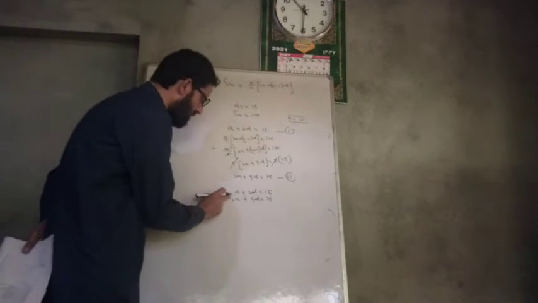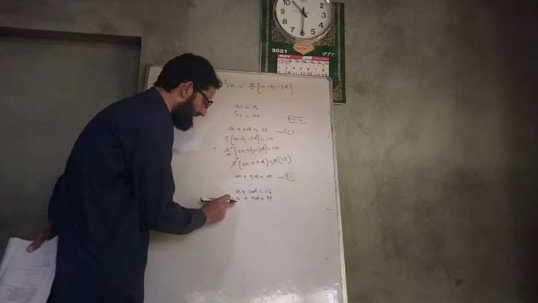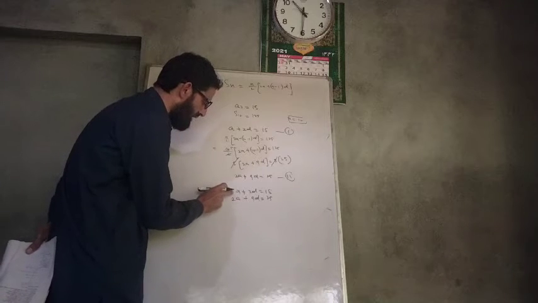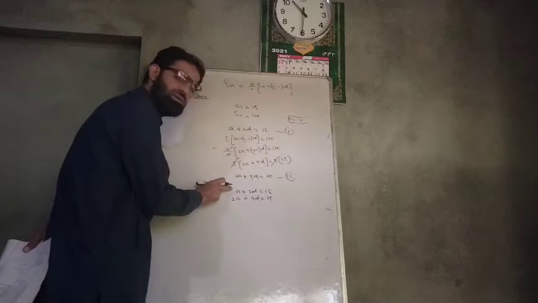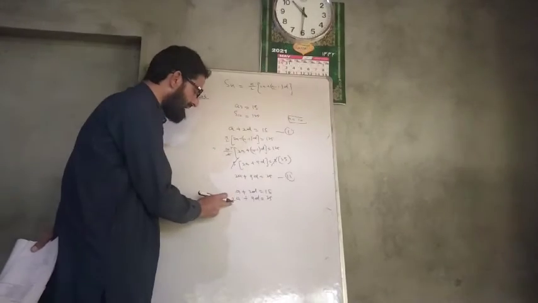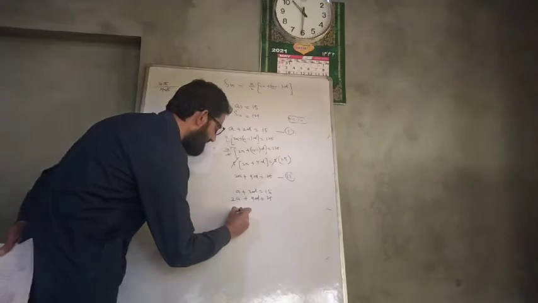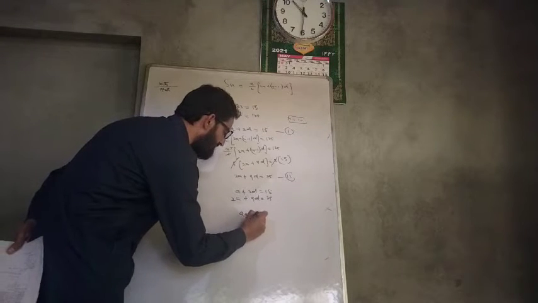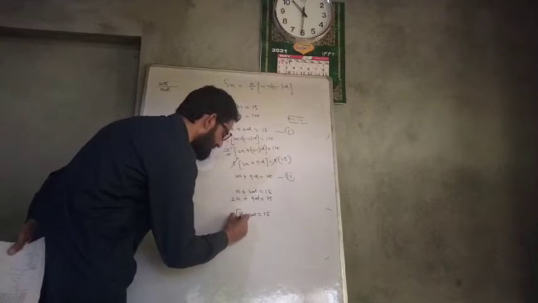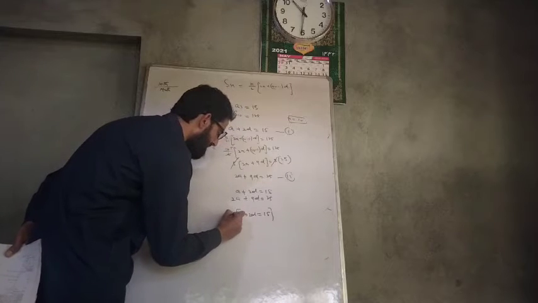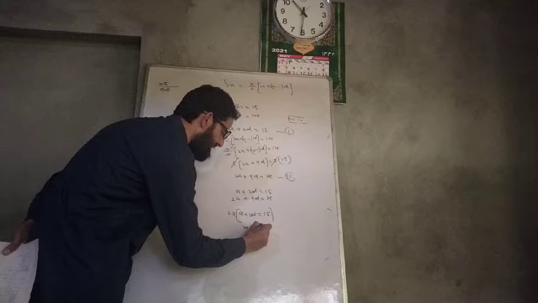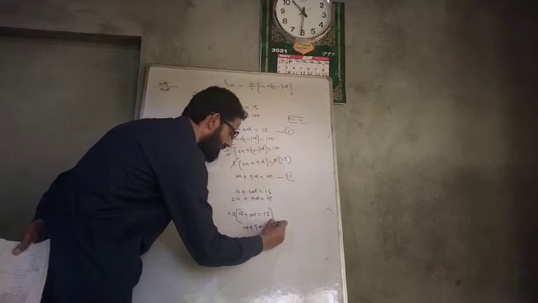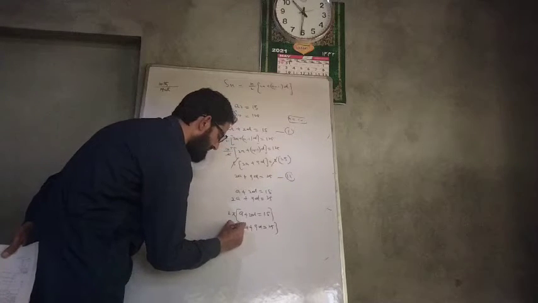Here we are multiplying the first equation by 2 and the second equation by 1, because the coefficient of a in the first is 1 and in the second is 2. So a plus 2d is equal to 15 should be multiplied by 2, and 2a plus 9d is equal to 25 is to be multiplied by 1.